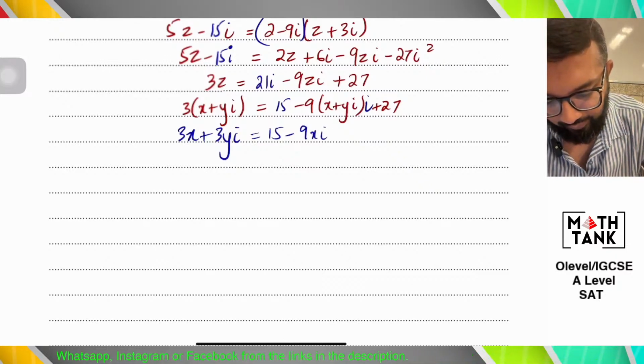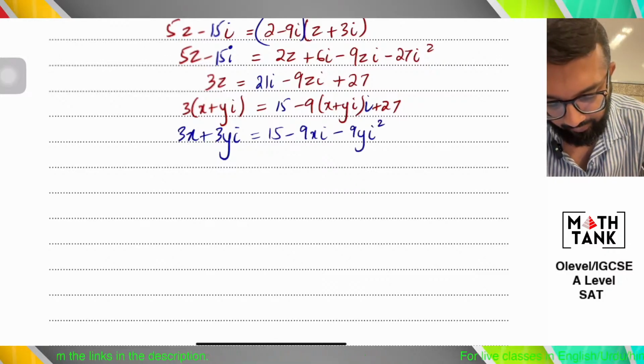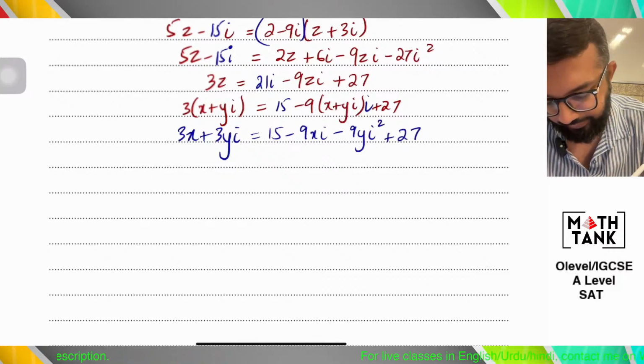9xi minus 9yi square plus 27. 3x plus 3yi.